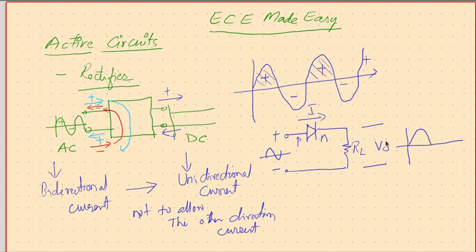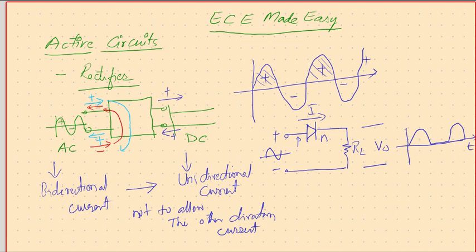So the positive cycle you get here, and in the negative cycle the diode does not allow current to flow. So the current will be zero whenever we apply a negative voltage, and because the current is zero, the voltage across the resistance will also be zero. When you come to the next cycle, again the diode will conduct, so we get the next cycle.